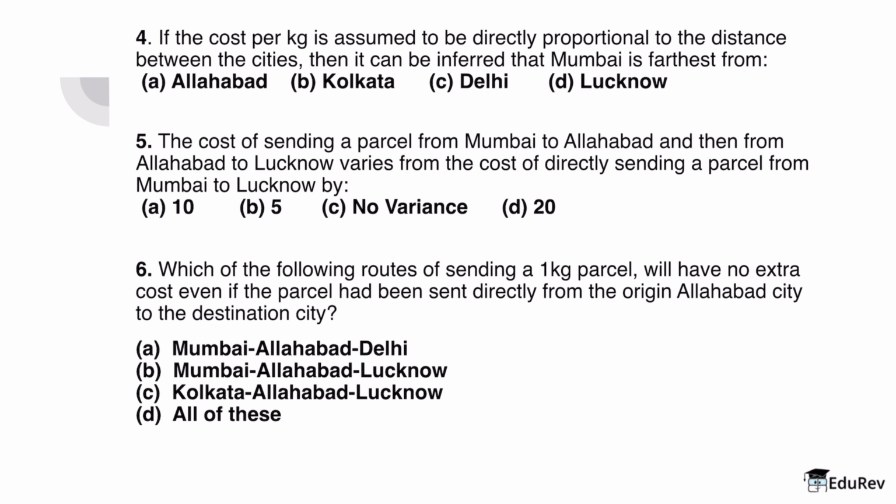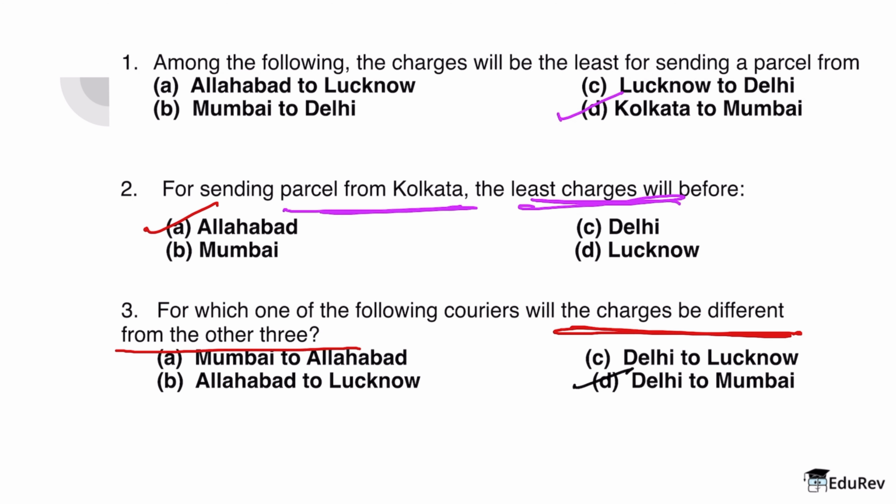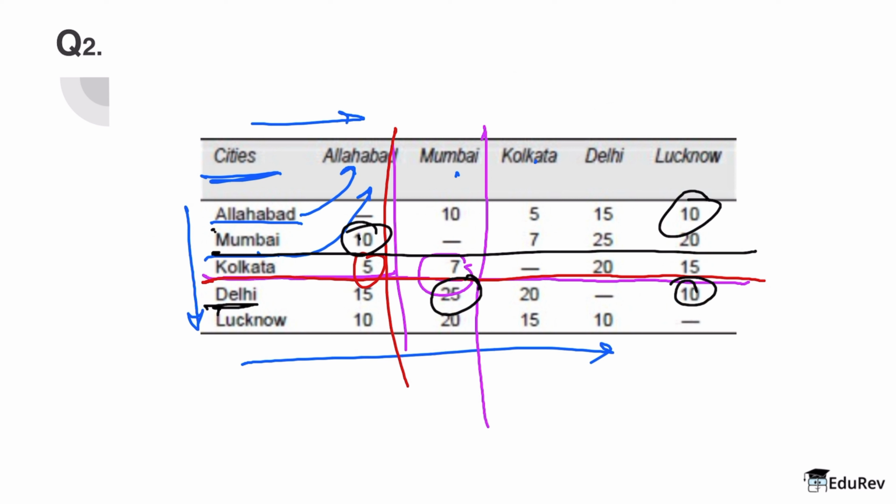The next question is, if the cost per kg is assumed to be directly proportional to the distance between the cities, then it can be inferred that Mumbai is farthest from what? Now Mumbai is farthest from, okay, this is your Mumbai.